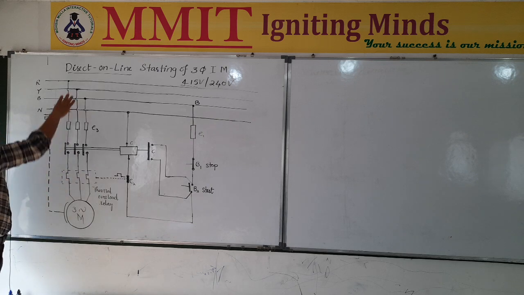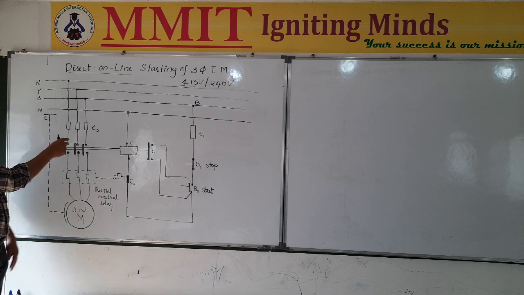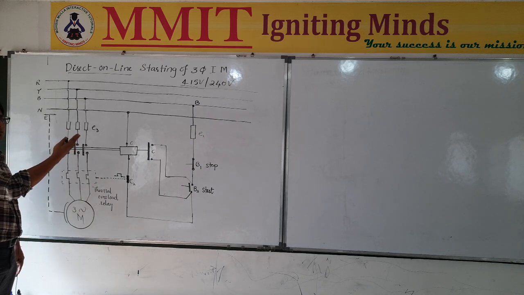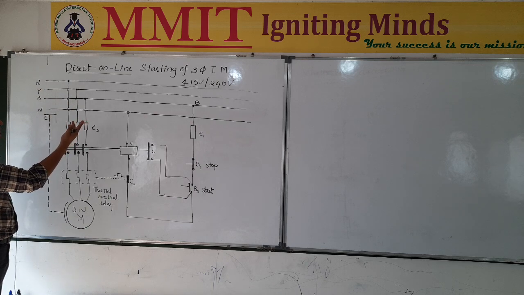So these three supplies are taken, and in the beginning itself the fuses are connected. Fuses are used for additional protection in case of unwanted conditions, such as a short circuit or any other kind of unwanted situation. That will be protected if the fuses are placed here in the connections.